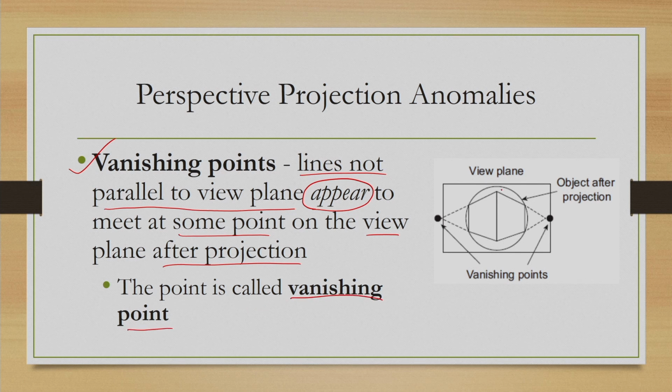For example, if we have an object like this, as you can see, this side and this side appear to meet at these points. These are vanishing points. Accordingly, the object shape is projected. This again gives us a sense of 3D reality due to the occurrence of vanishing points.